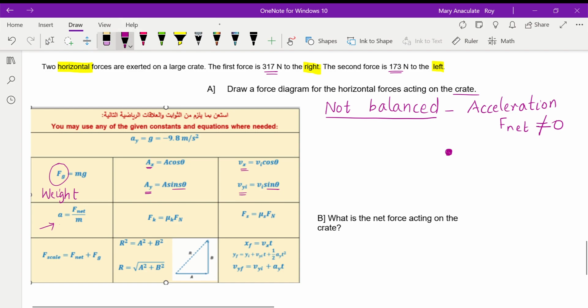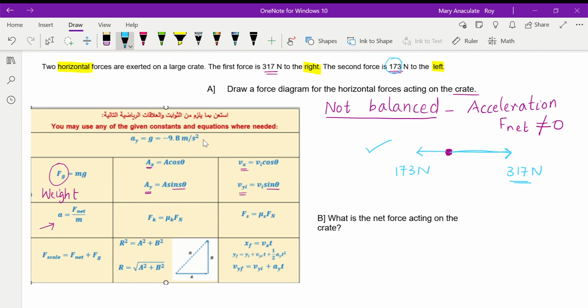Alright, let's draw the forces for this particular situation. So I will draw to the right 317 Newton. And when you are drawing the opposite force, you have to keep in mind the magnitude. This is less than the 317 Newton, so you will show it with a smaller vector. Okay, remember this, I draw a longer line. Why? Because this is much greater. This is only 173 Newton.